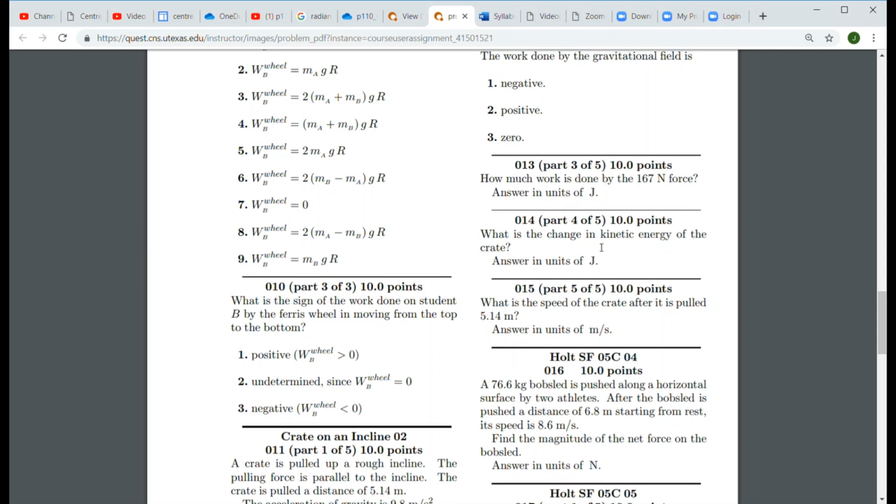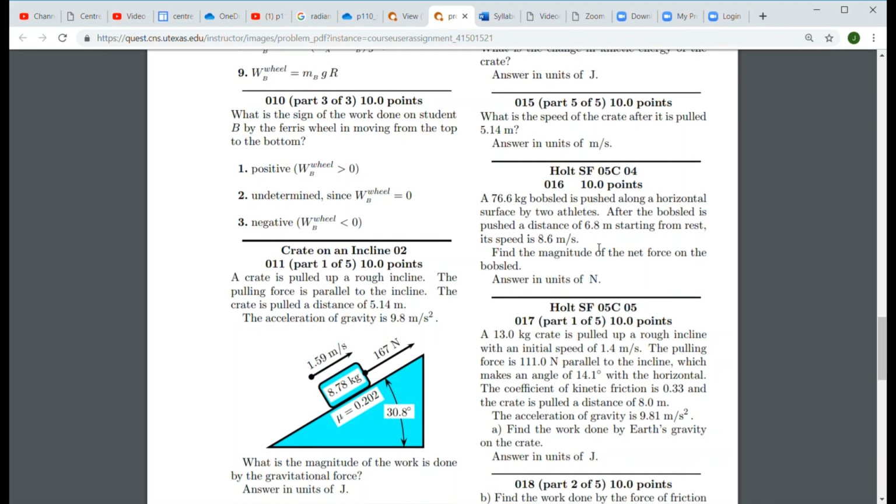Problem 14, what is the change in kinetic energy of the crate? So in this case, what we need to do is figure out what the net work on it is. We're not given what the final speed is, but we can figure out what the net work is.